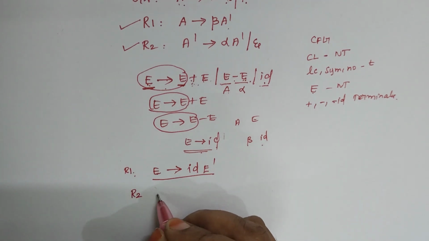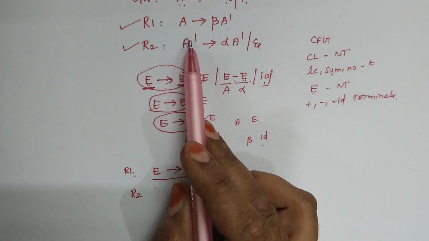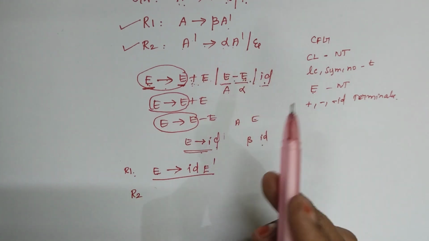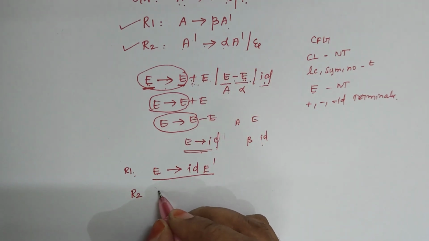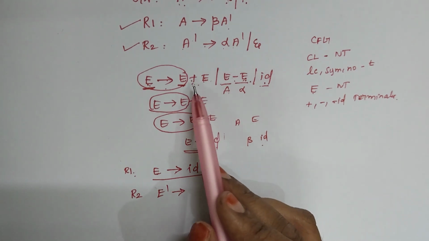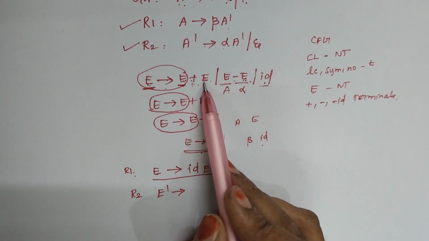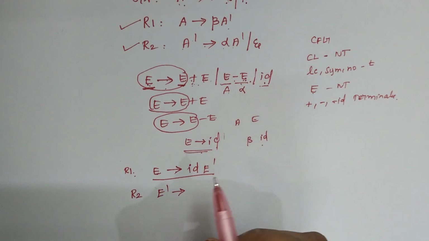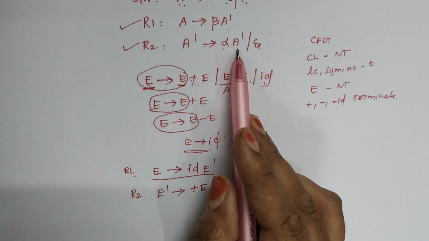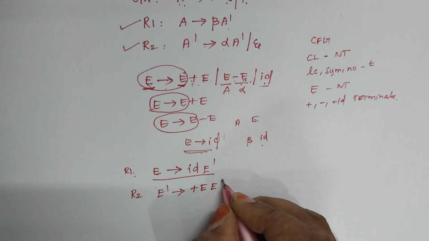Similarly, apply the rule 2. What is your rule 2? A dash produces alpha A dash or epsilon. Now apply the same. E dash produces, what is your alpha? Here you have two alphas. One is plus E, another one is minus E. So write plus E. Then as per the rule, A dash, here it is E dash.